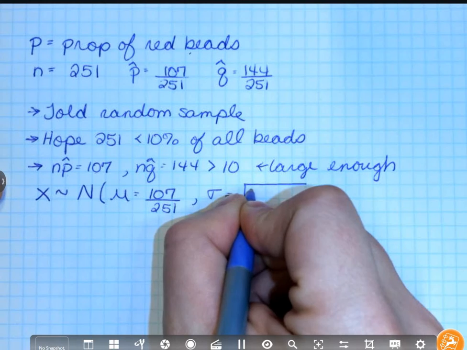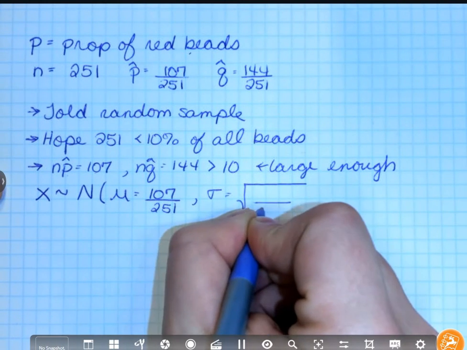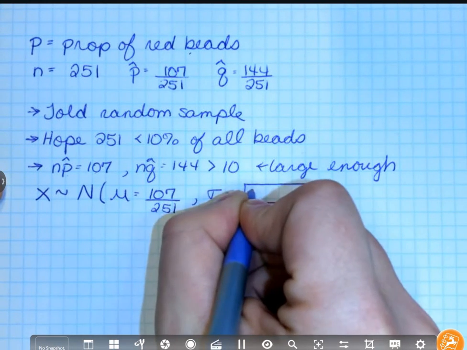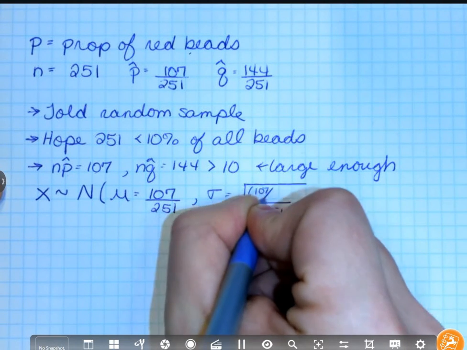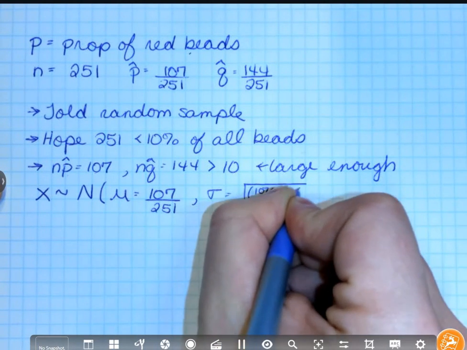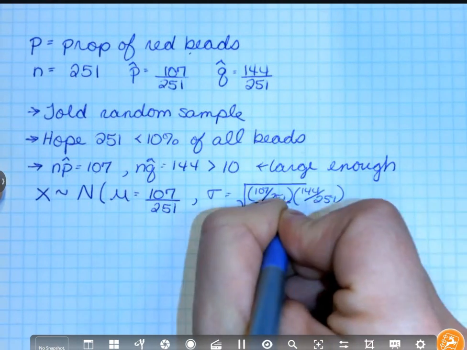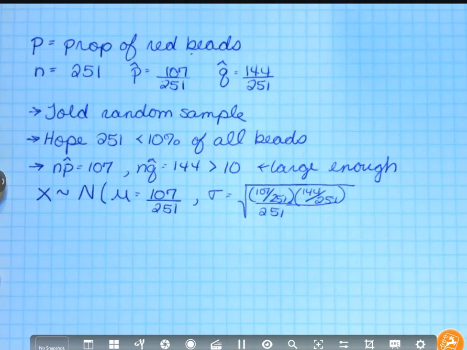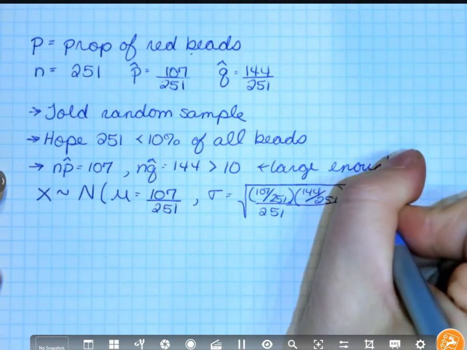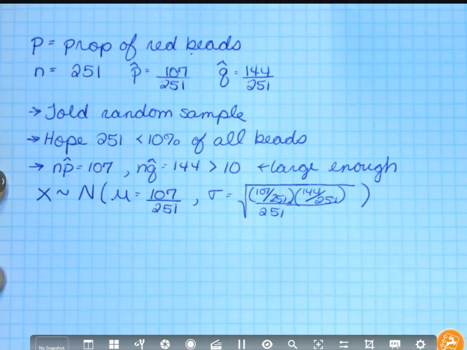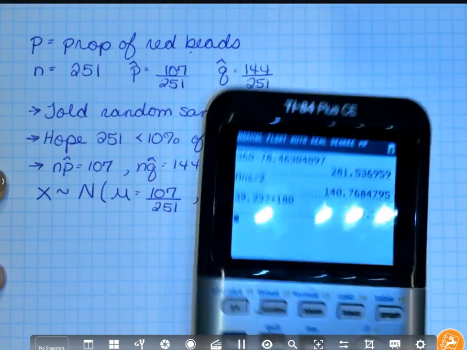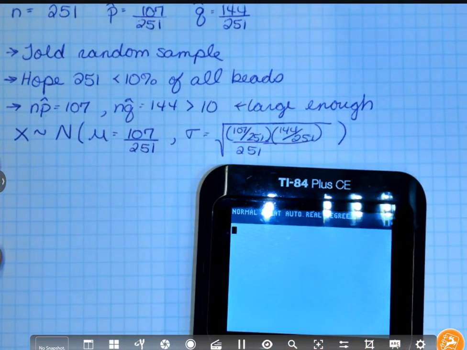The square root of p hat q hat over n. So that's 107 over 251, 144 over 251, all over 251. And I'm going to go ahead and calculate that before I get too far ahead of myself.